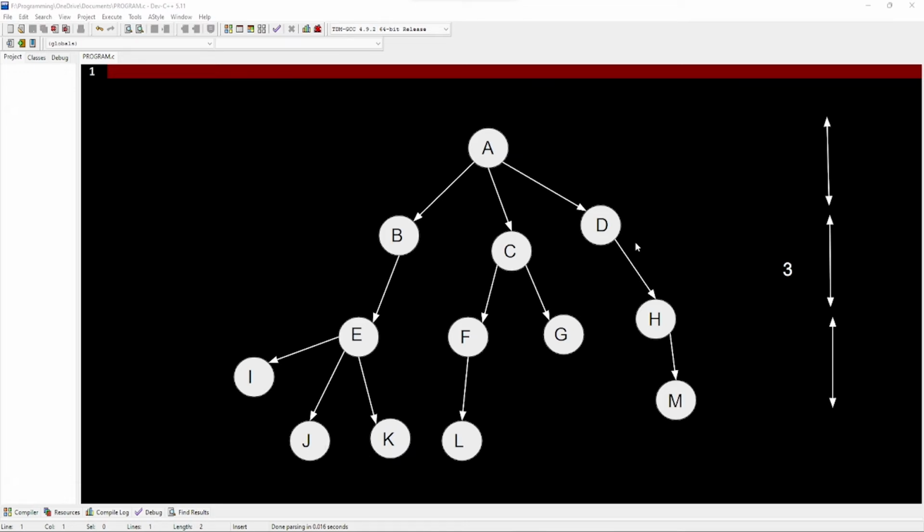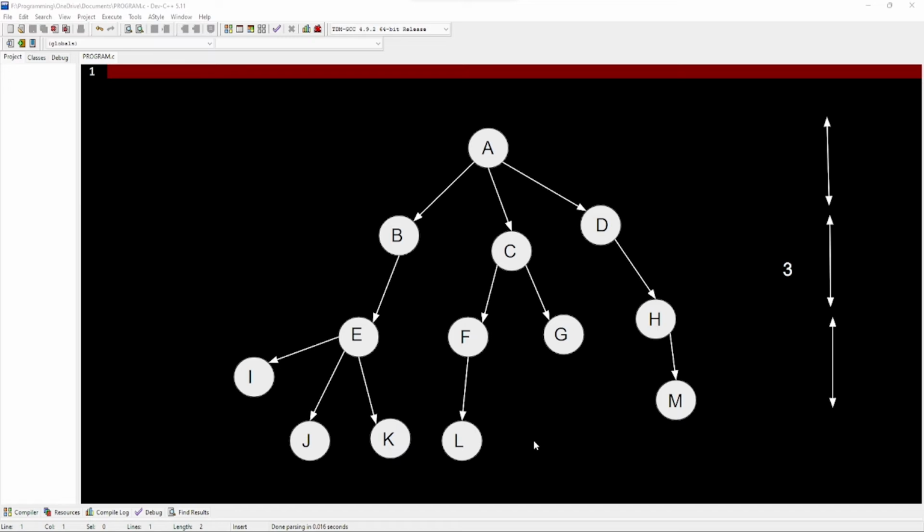This kind of structure basically forms a sequence of levels. A is present at the first level, B, C and D at the second level, E, F, G and H at the third level, and the rest of the nodes, that is I, J, K, L and M, are present in the final level, the fourth level.